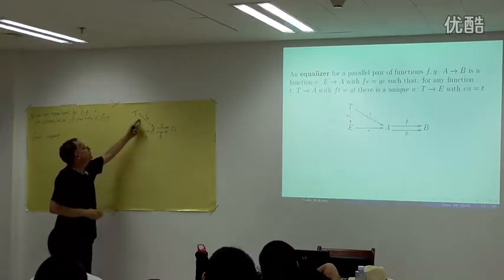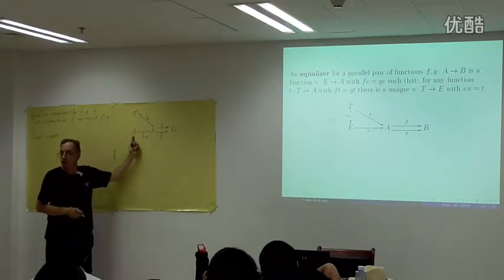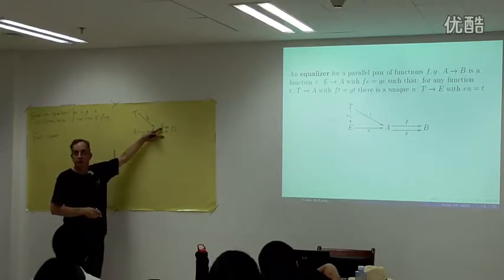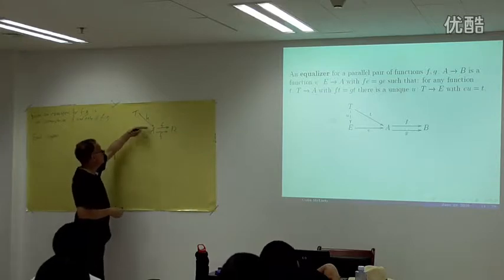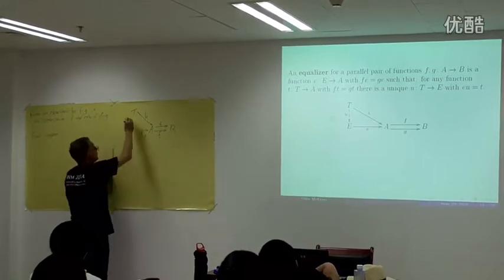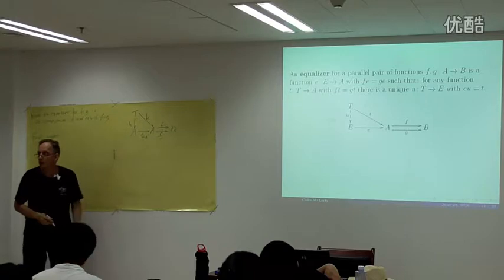I need to show that every function h that has the same composite with those factors uniquely through here. That's the definition of equalizer. Well, every function h has the same composite with those because those are the same function. So I now need to know that every function factors uniquely through here. And of course it does. It factors as itself through there.